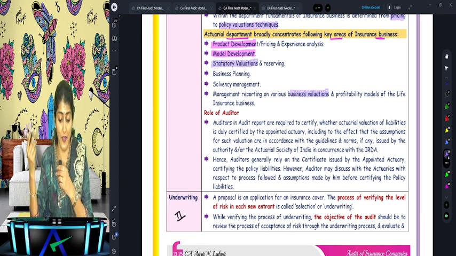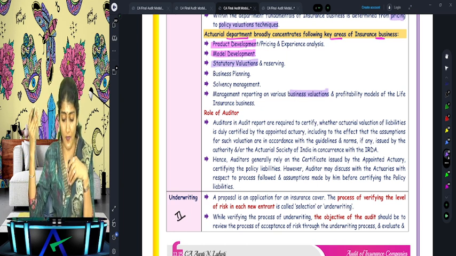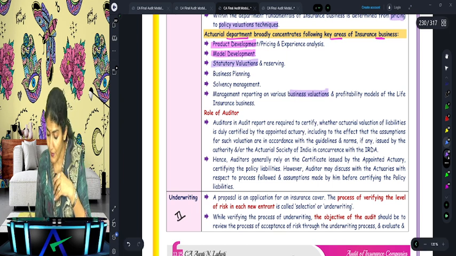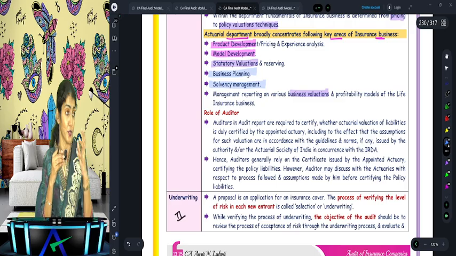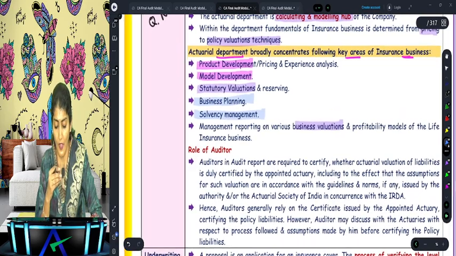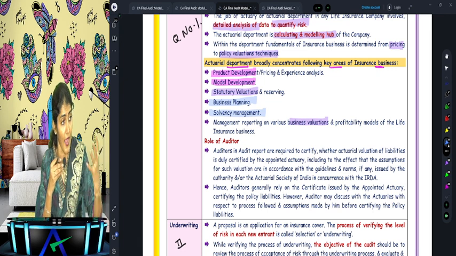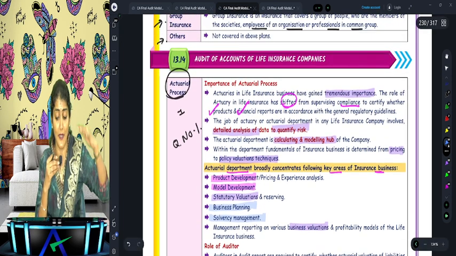The statutory valuations and the reserving, like they have to maintain the unexpired risk reserve, and also the business valuations. And in addition to that, what are two more points? The business planning and the solvency management, right? So this is the work of the actuary in an insurance company. What does it say? The actuary is gaining tremendous importance.